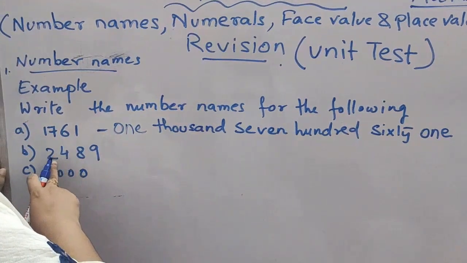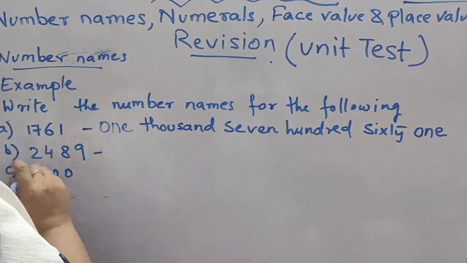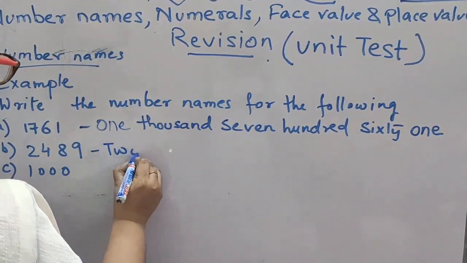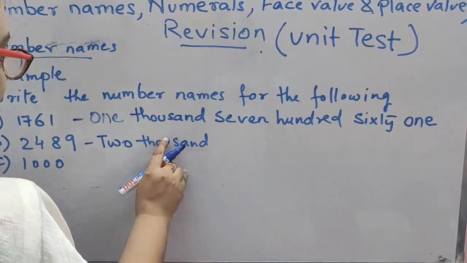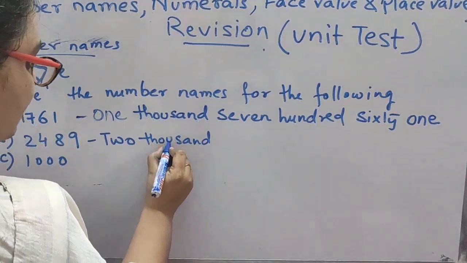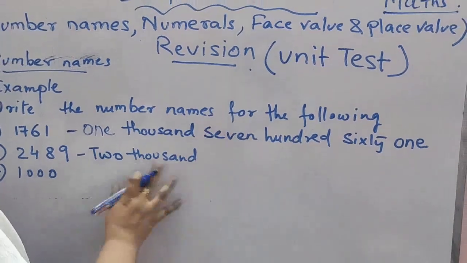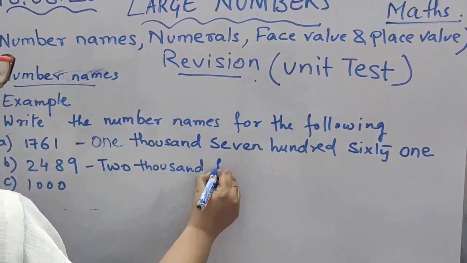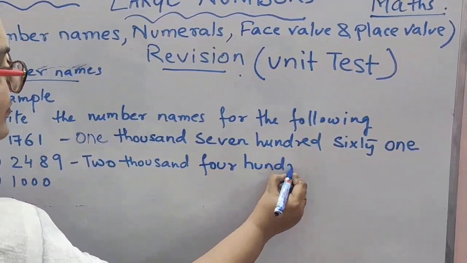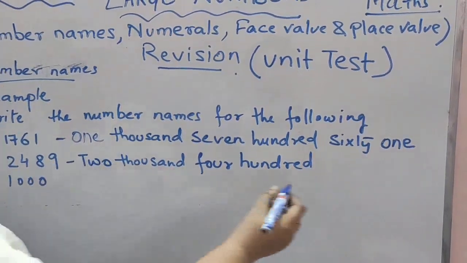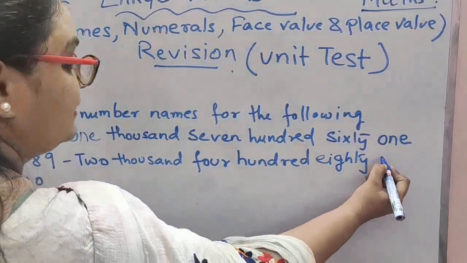B. So in B we have 2489. In the thousand place we have 2. So we write 2000. Thousands or hundreds, okay? 1000. 400. 89.